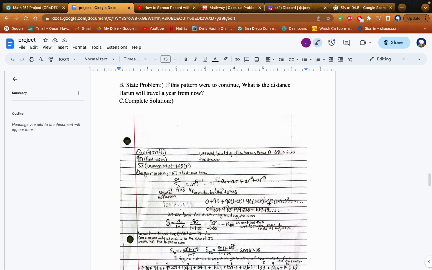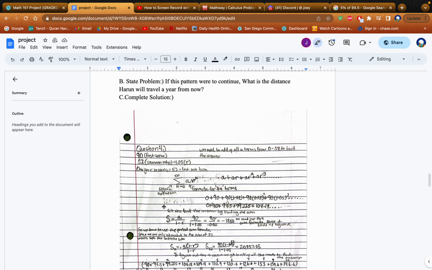But now we have two options to solve it, because we're only interested in adding up all 52 times. Now that's pretty tedious, but it would be more precise. But there is more than one way to find it, so we could use the sum. For an infinite geometric series, the sum would be S equals a over 1 minus r.